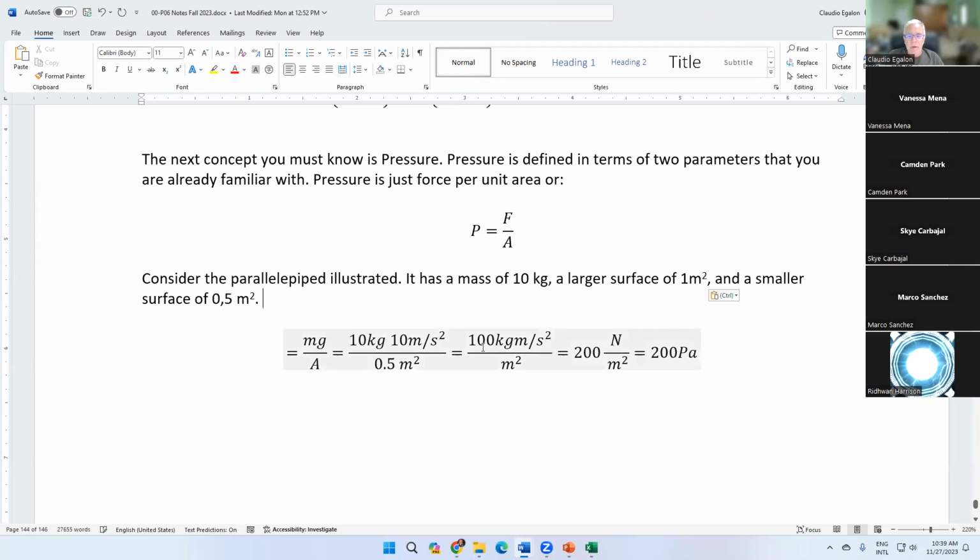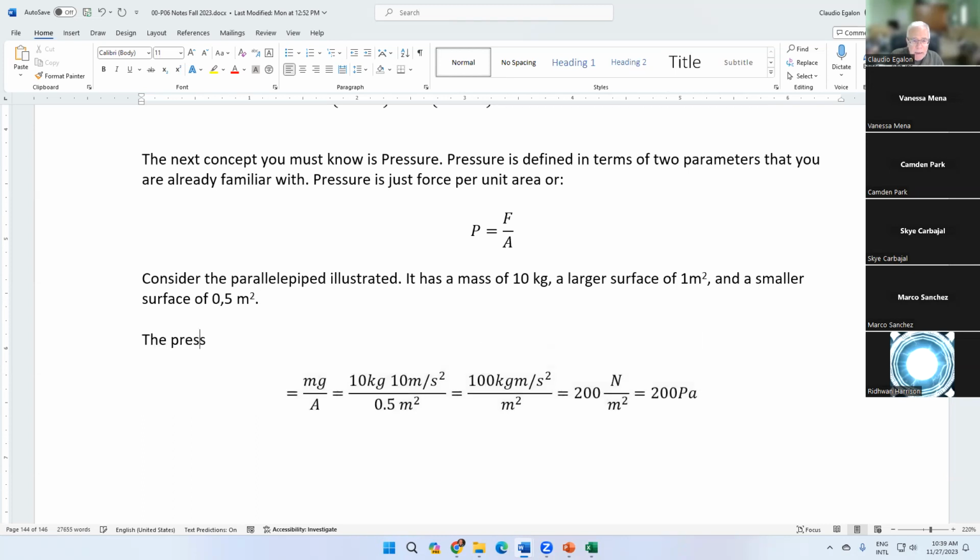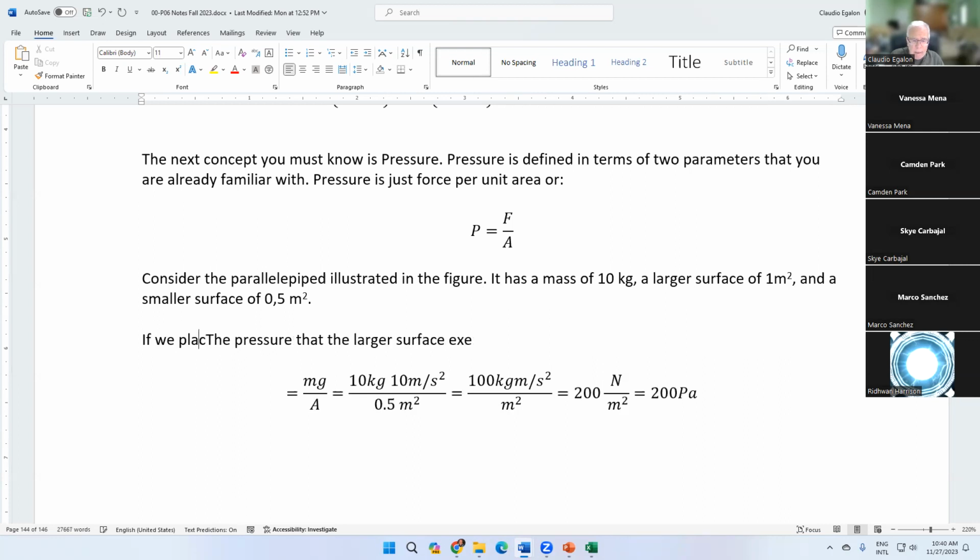Half square meter. The pressure that the larger surface exerts: let's consider the parallelepiped illustrated in the figure.